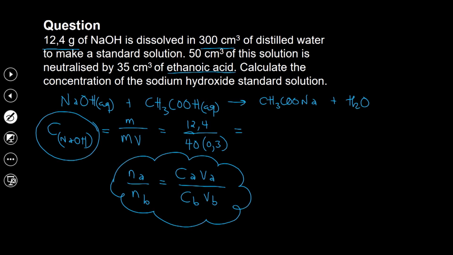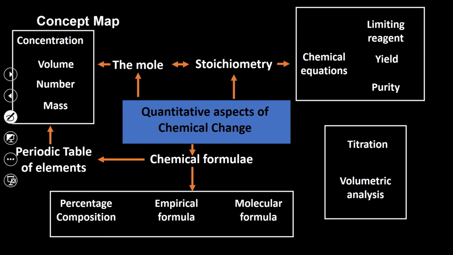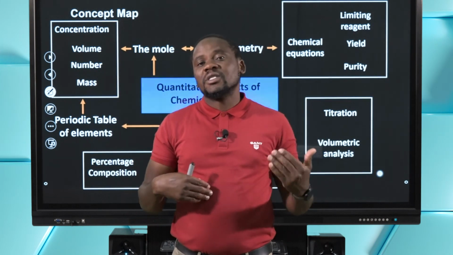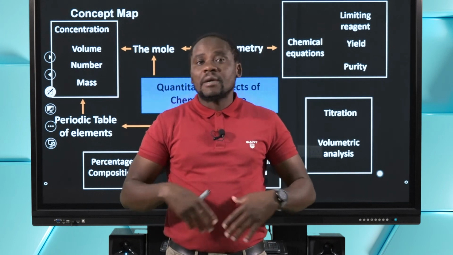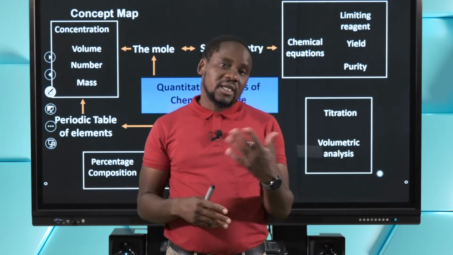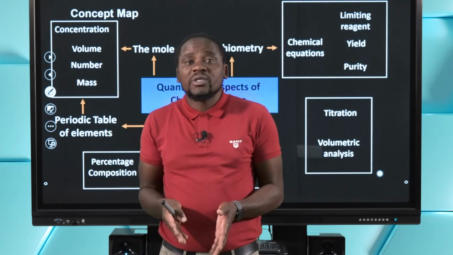These are some of the ideas that you need to understand. The steps that we went through in determining the unknown concentration apply universally to any scenario which involves a reaction between an acid and a base. So a lot of practice is very important in this section.